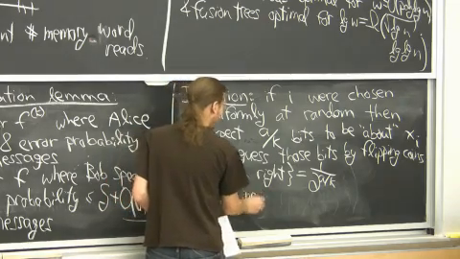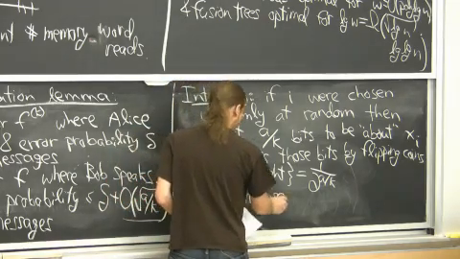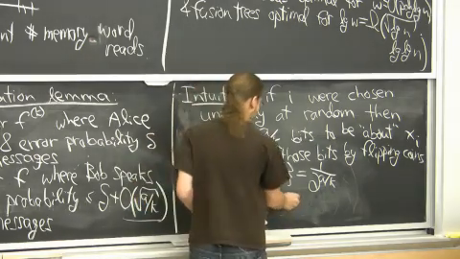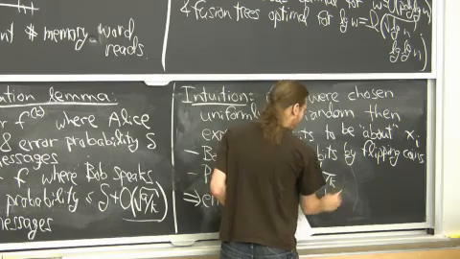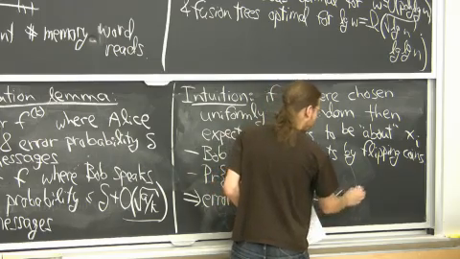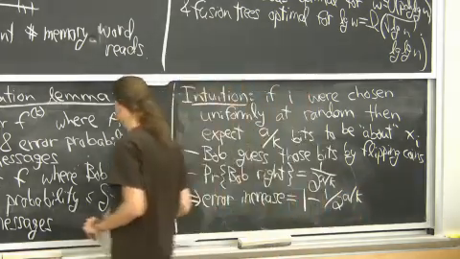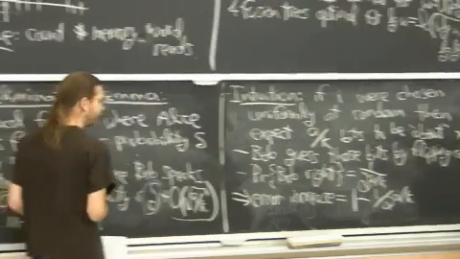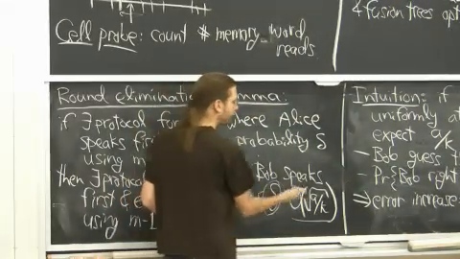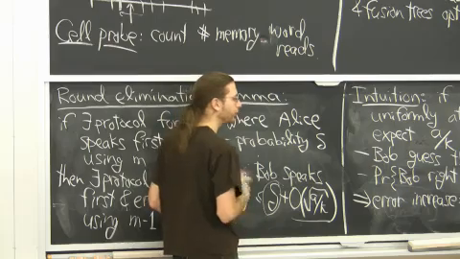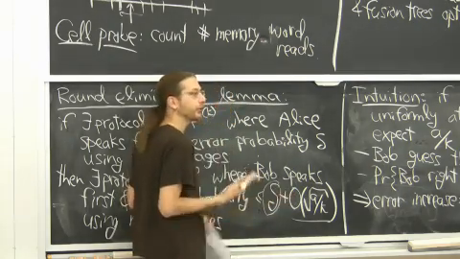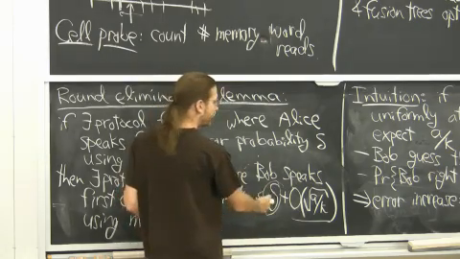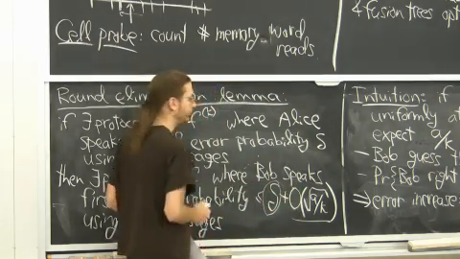So this was the probability of being correct. The probability of being incorrect is going to be 1 minus that. We had some probability delta of failing before, and now there's this new way that we can fail. I'm using a union bound here: we could fail the old way or the new way. Maybe they're correlated, maybe not, but the worst case is at most the sum of the two errors.